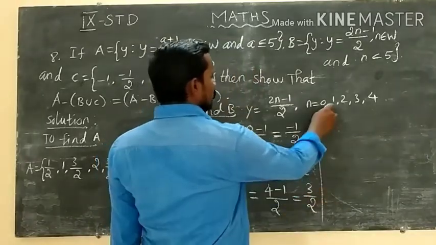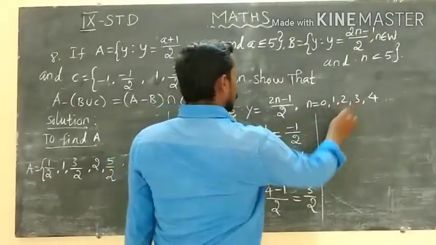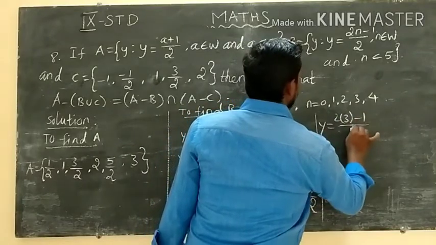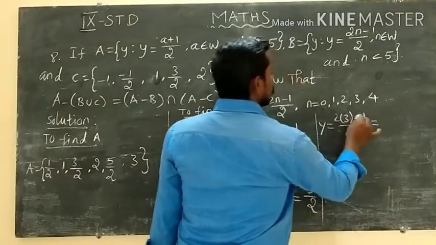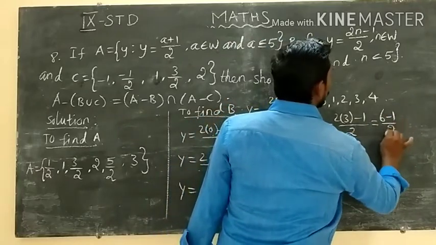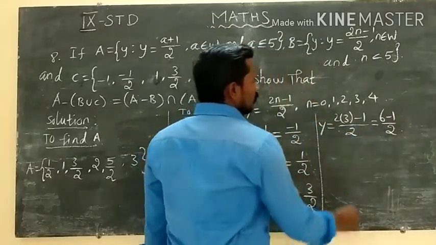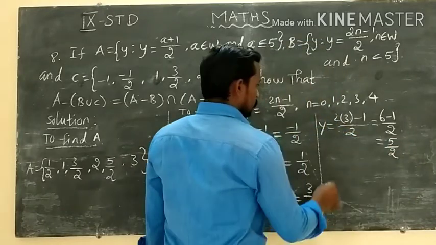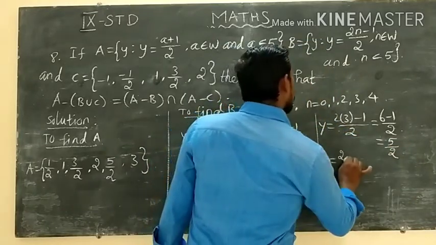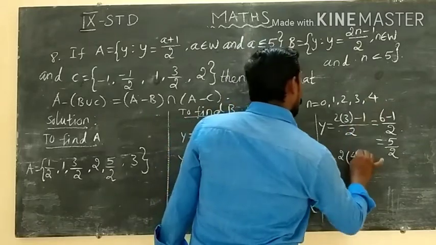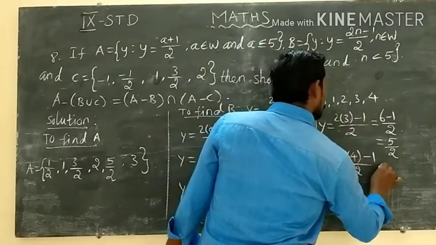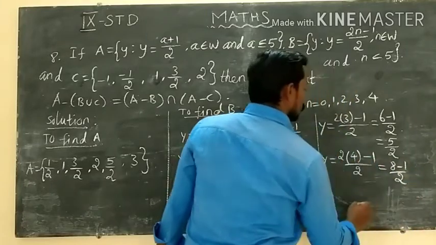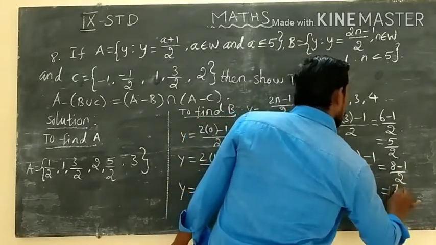Okay. So next the 3. So y is equal to (2 into 3 minus 1) divided by 2, which is equal to 2 3s are 6, (6 minus 1) divided by 2, 6 minus 1 equal to 5, so 5 by 2. Then y is equal to (2 into 4 minus 1) divided by 2, 4 2s are 8, (8 minus 1) divided by 2, so this is equal to 7 by 2.